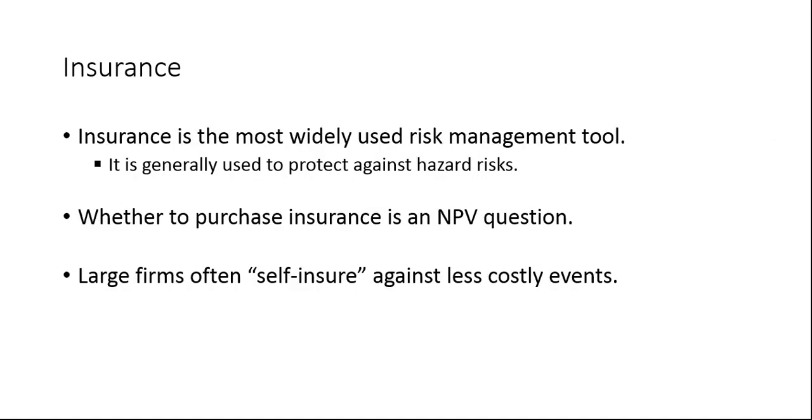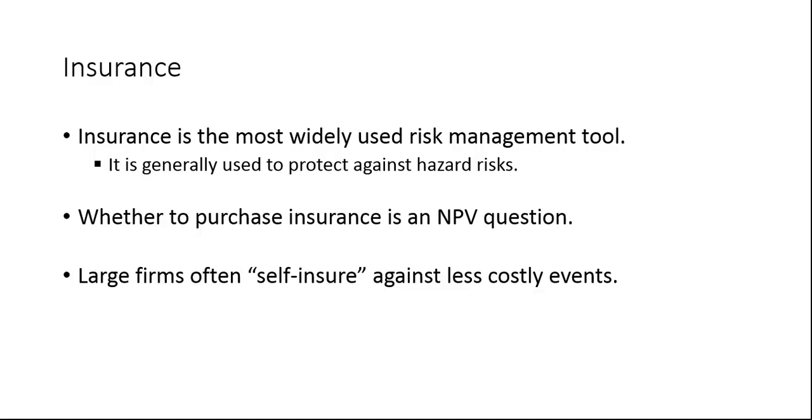One simple way to deal with risk is simply to buy insurance. And it's the most widely used risk management tool. And it's usually used to protect against hazard risks, fire, theft, earthquake, that sort of thing. And when you think about buying insurance, it's really a net present value question, right?